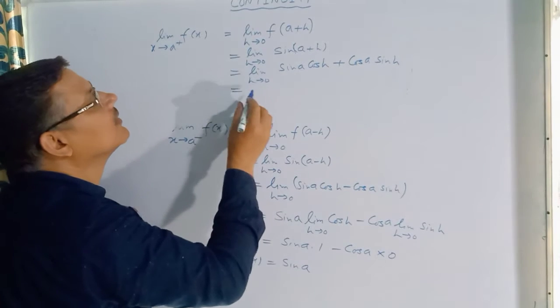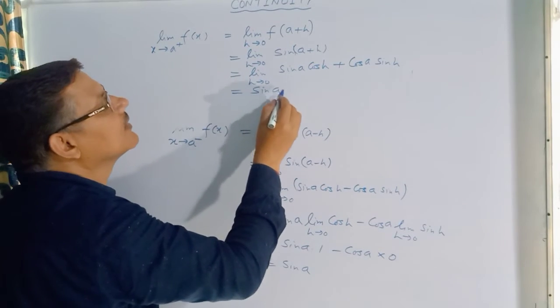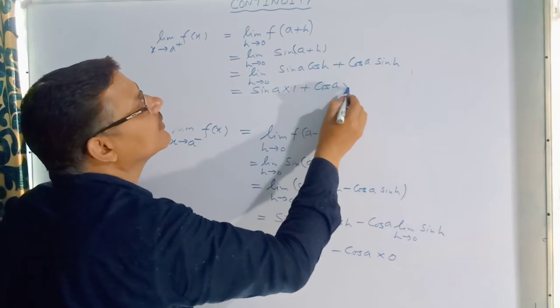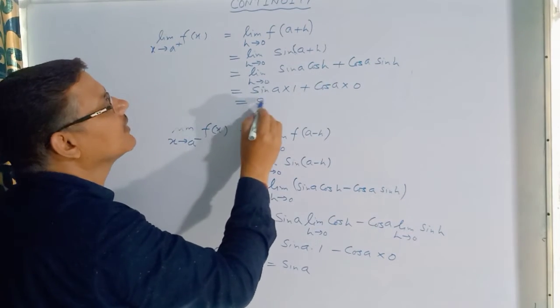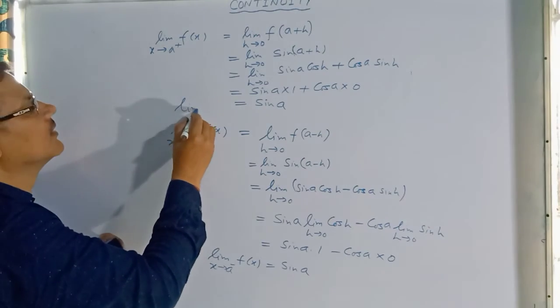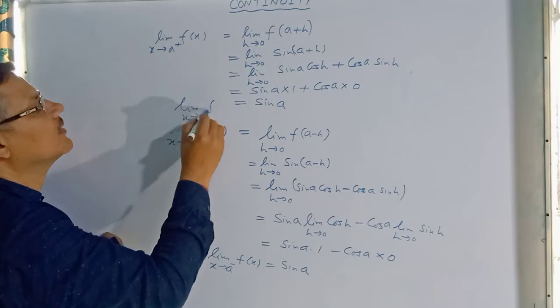Now it is equal to sin a times 1 plus cos a times 0, which is again equal to sin a. This is the right hand limit as x tends to a from the right of f(x).